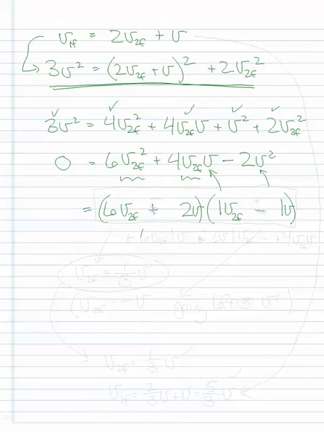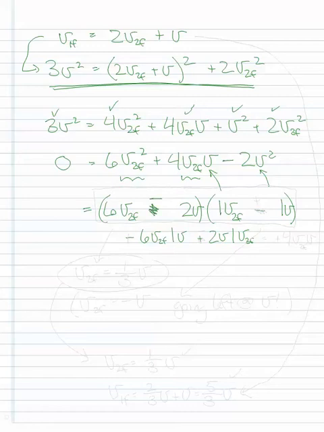So I've got a 6v2f and a minus 1v, and then I have a plus 2v and a 1v2f. So that's a minus 6, and a plus 2 is minus 4. Oh, I almost had it.